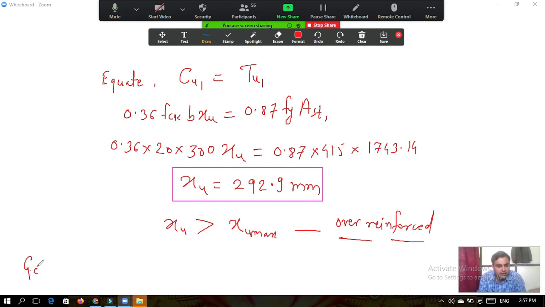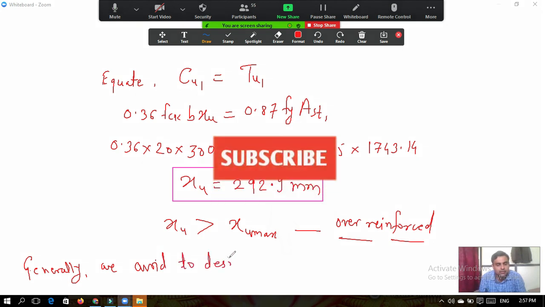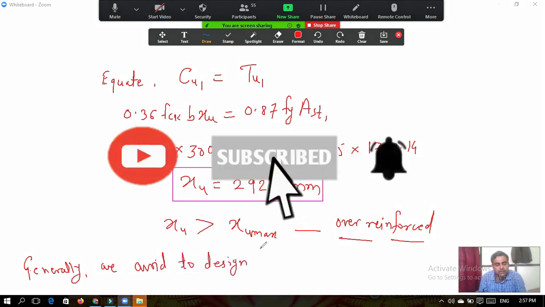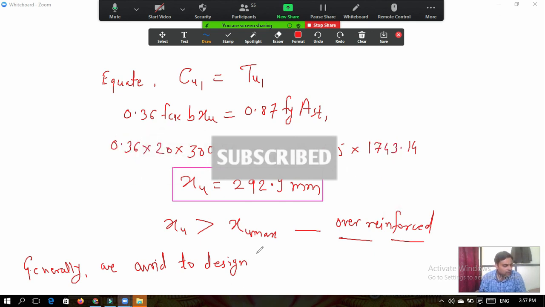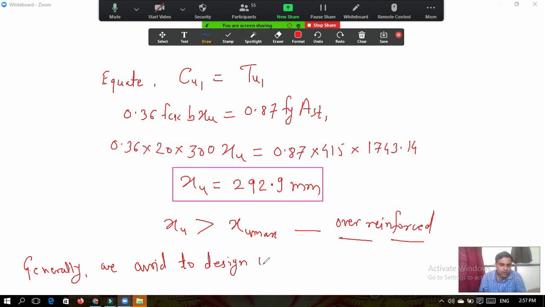Generally we avoid to design over reinforced sections.